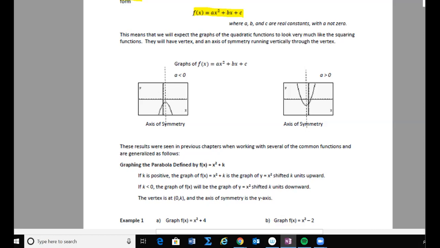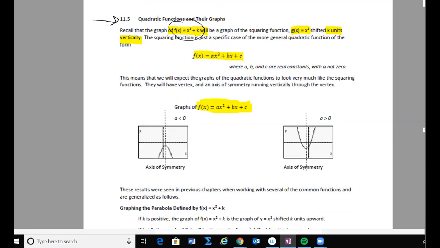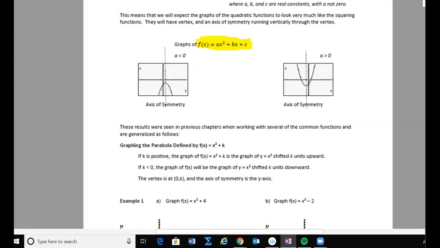Okay, so first thing is, in general, when you have something in this form, this is one of the special forms of the quadratic. General form, I could say. Now, if that number in the front, the a, is positive, we have an upward parabola that looks like this.